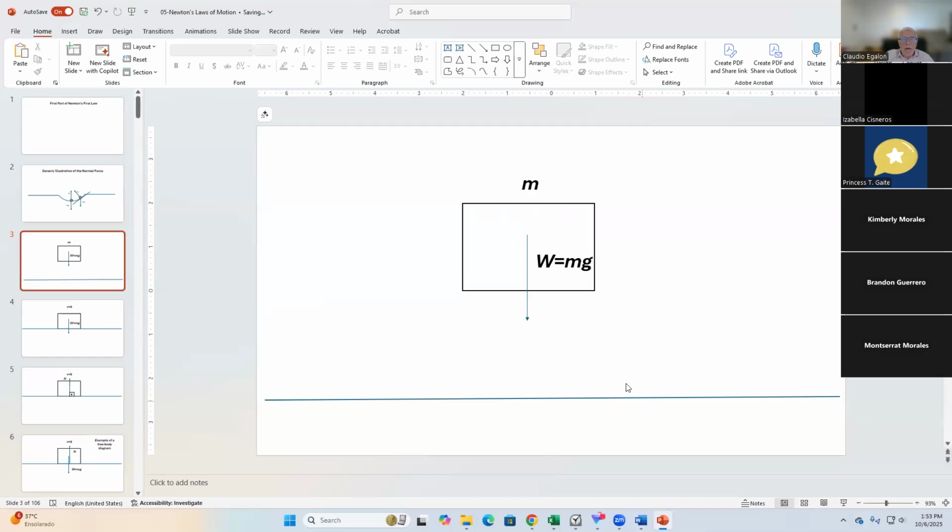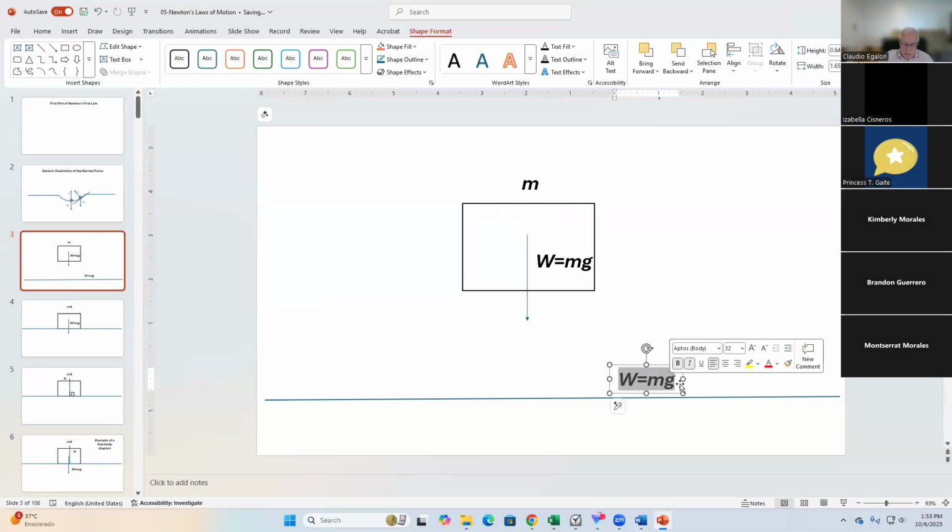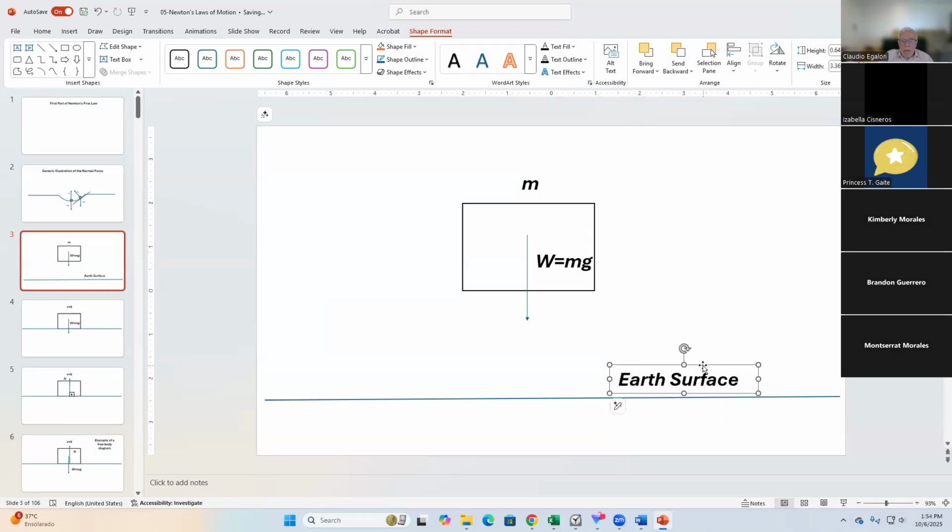Okay, let's write down Earth's surface. And let's write that down there at the top, non-contact force.